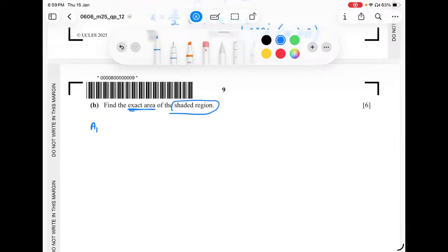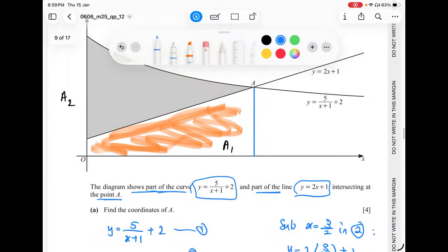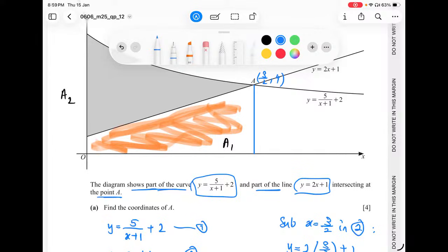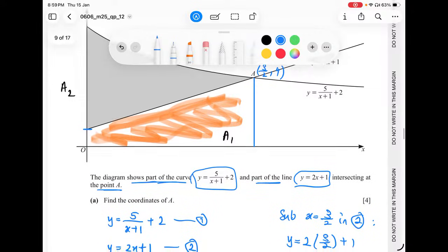First, area 1 is going to be the trapezium. You know that point A has 3 by 2, comma 4 as its coordinates. For this, you need to find this intercept, where y equals 2x plus 1 meets the y-axis.